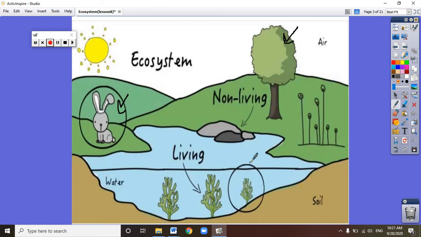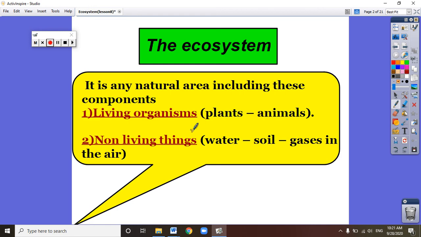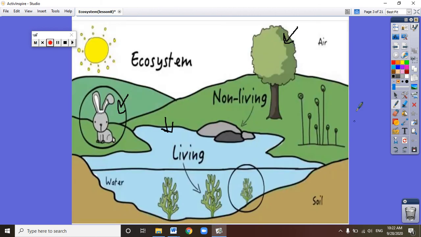And here is soil and here is water, which are non-living things. So the ecosystem is a natural area that includes living organisms and non-living things. Living organisms like plants and animals, non-living things like water, soil, and the air. Okay, so as you can see, that's the ecosystem.